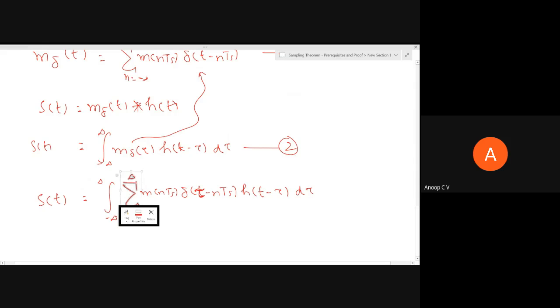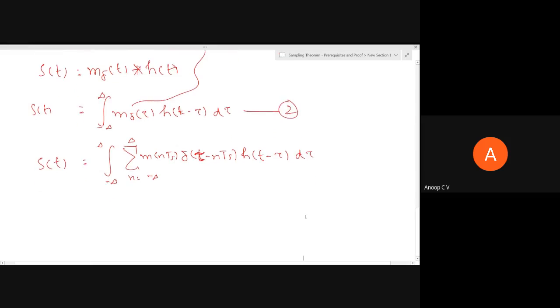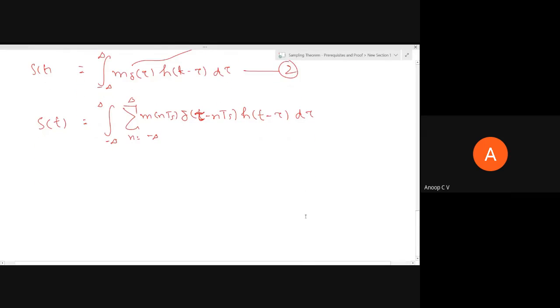So now this is our convolution integral. You can see there is a summation and an integration. Both are linear operators, so I can interchange their order. So now I'm just interchanging the order of summation and integration. Then what I'll get is the summation over n from minus infinity to infinity of m(nTs). The integration is with respect to τ, and m(nTs) doesn't have any τ term.